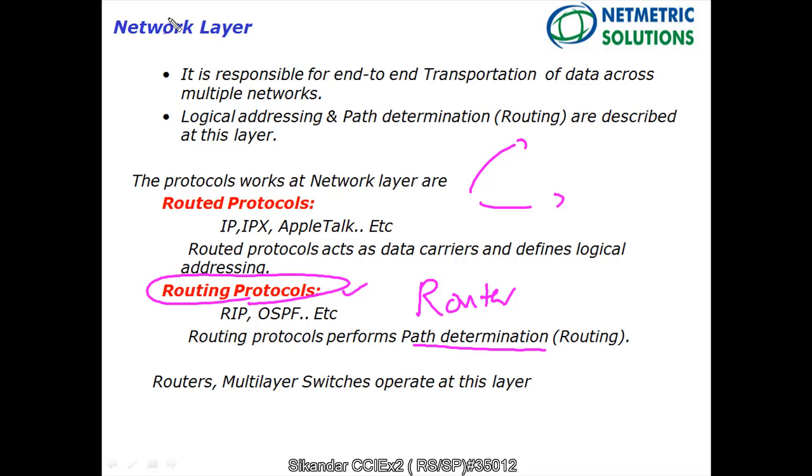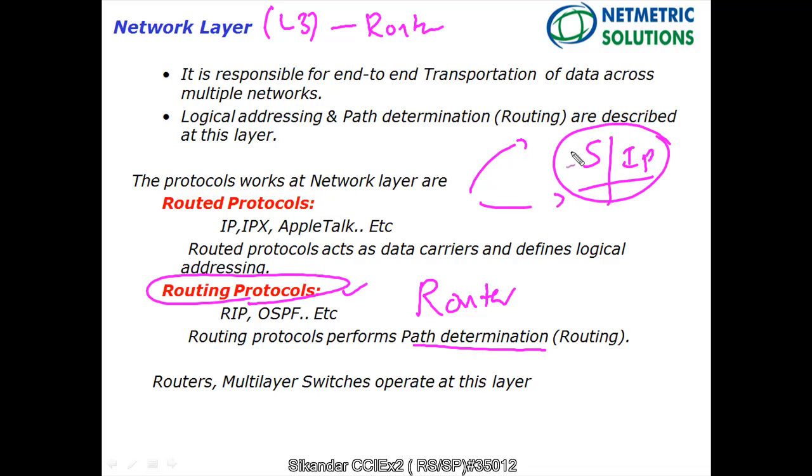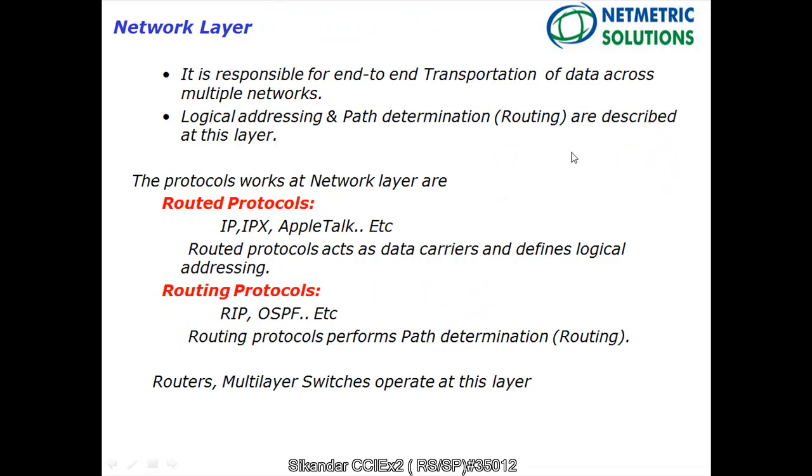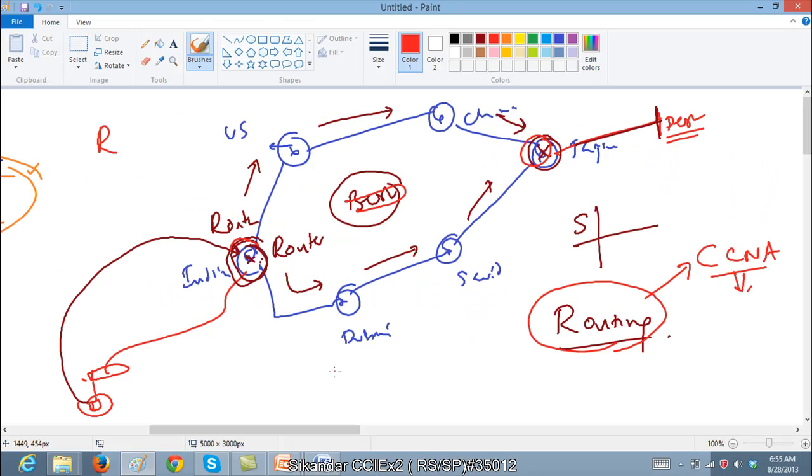That's the reason we call the network layer layer 3, and the router is a layer 3 device. It is going to do that based on source and destination IP addresses. The to and from address, whatever we discussed in our example, so the router is going to forward the packet to reach the destination, and this destination is identified with an address, which we call the IP address.